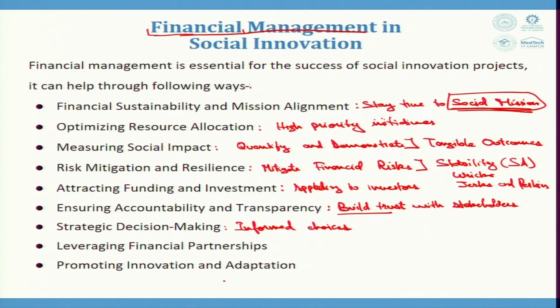Then leveraging financial partnerships, which means this opens different doors to collaborative financial partnerships. Then promoting innovation and adaptation, which means it allows exploration of innovative financial models and adaptation to change. So, this all includes the financial management.